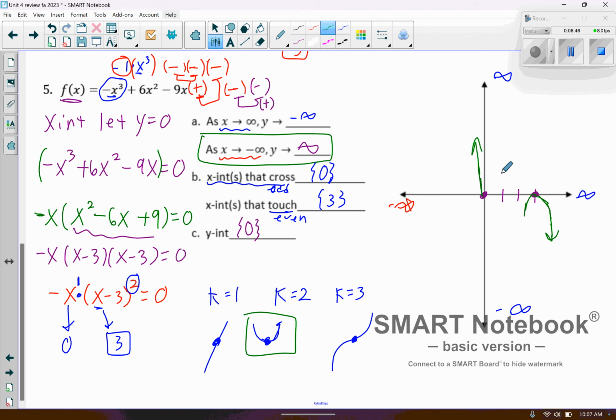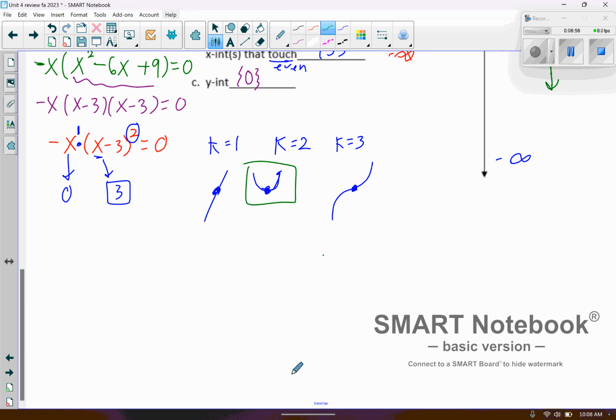And so what I need to do is plug in 1 and 2 into my function to figure that out. I would just plug it into the factored form right here. So f of 1 would be equal to negative 1 times 1 take away 3. Or, you know what? I could actually plug it into the one underneath it, this one right here.